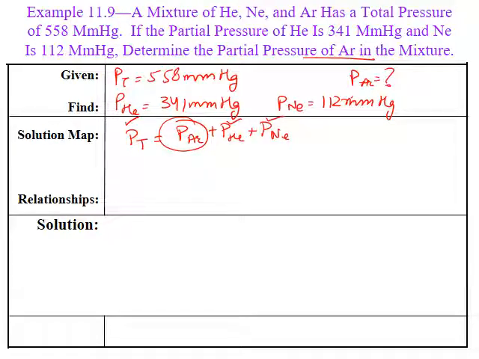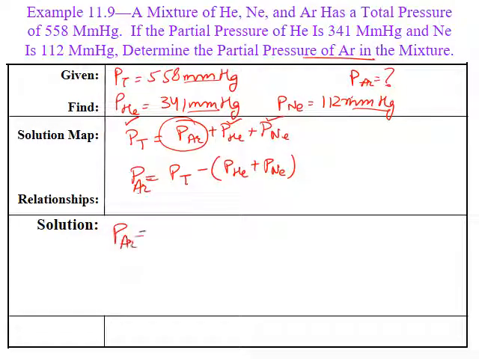If you rearrange this, you would get pressure of argon as pressure total minus pressure of helium plus pressure of neon. So you simply plug the values in here and figure out what is the pressure of argon. Only important thing here again is that all your units should be the same. So you can see everything is in mm of Hg. So we are okay. Plug the values in.